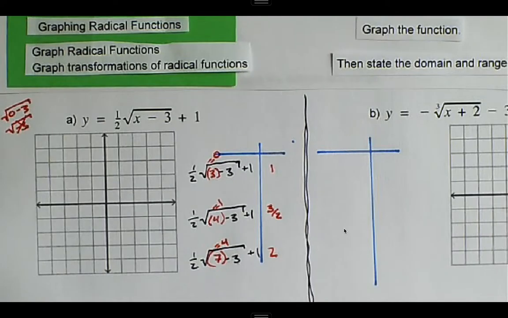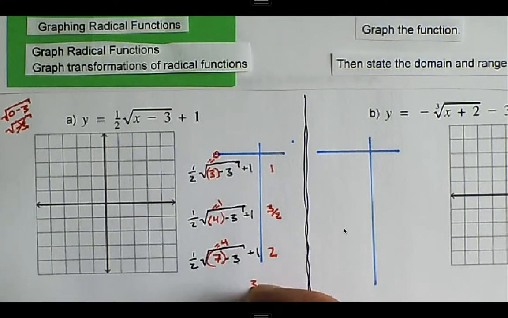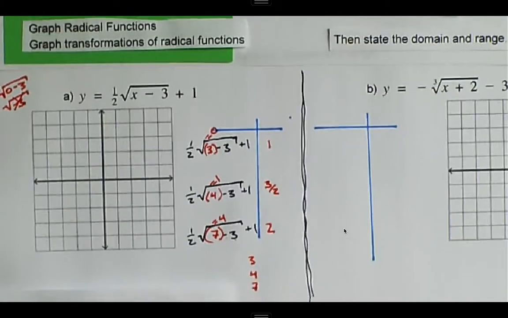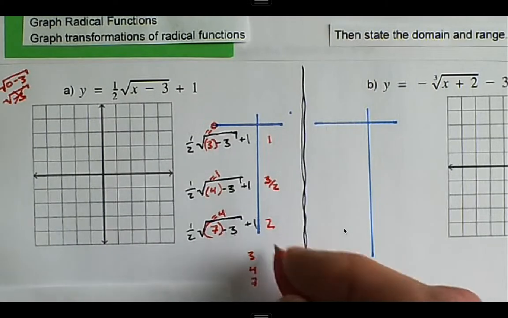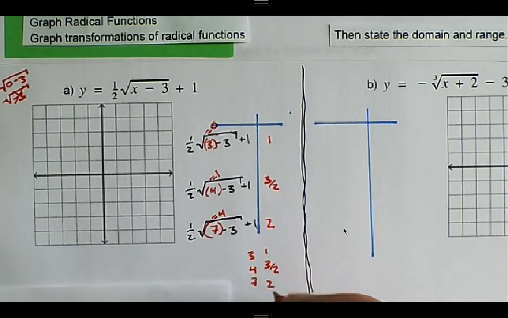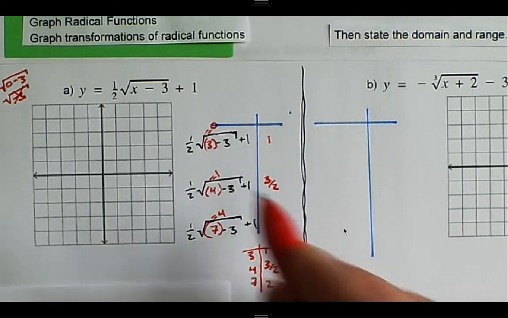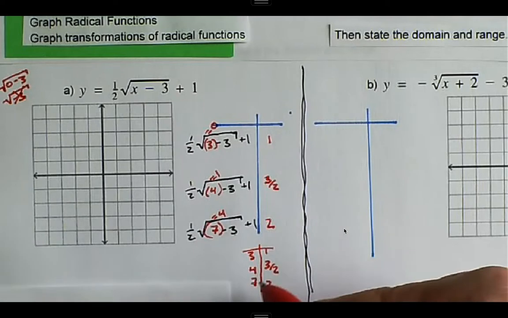So we get our points that we're going to graph. We substitute in 3, 4, and 7, and we got out 1, 3/2, and 2. So we go ahead and graph it, and we need to get all the way to 7.